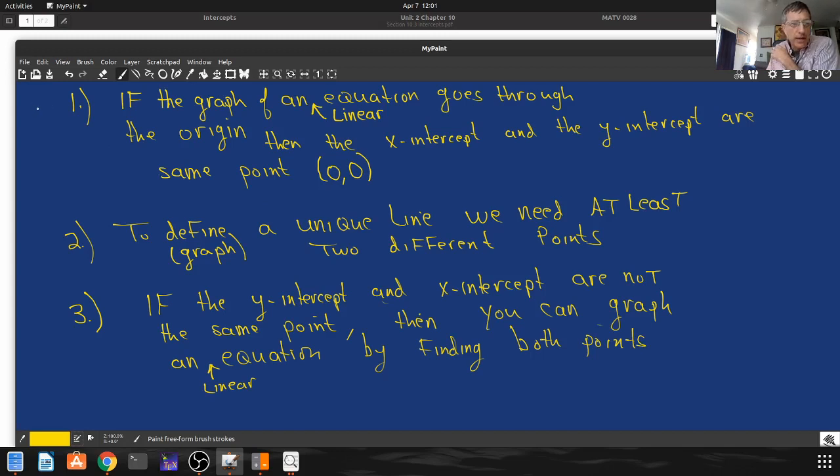So let's go back over and look at number 1. It says if the graph of a linear equation goes through the origin, then the x-intercept and the y-intercept are the same point. I'm going to add something else. This is the only time they are the same point. By they, I mean the intercepts.